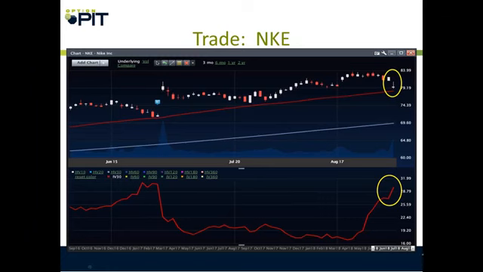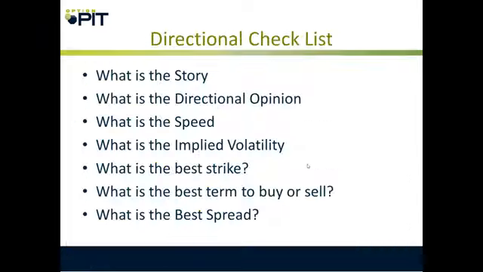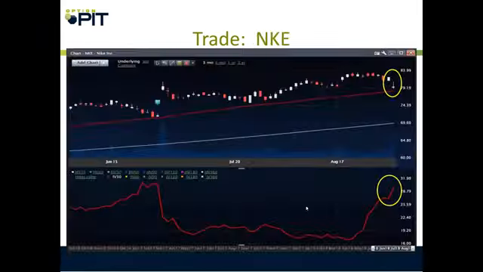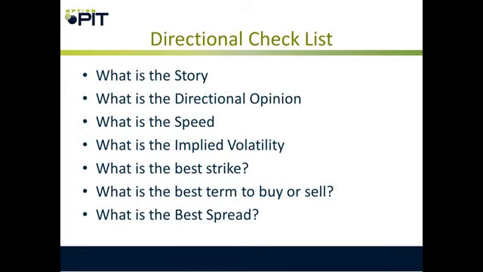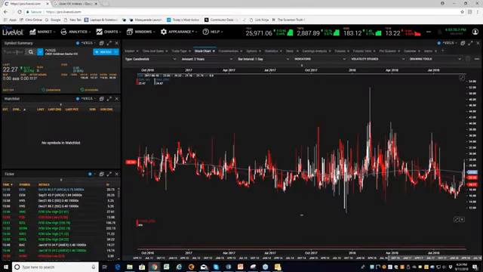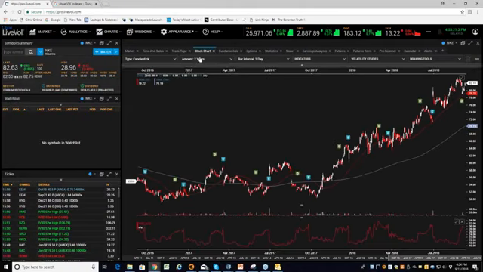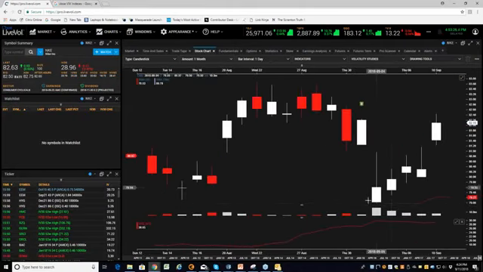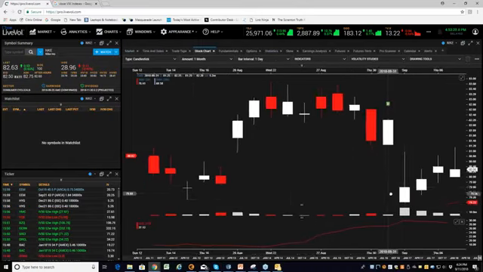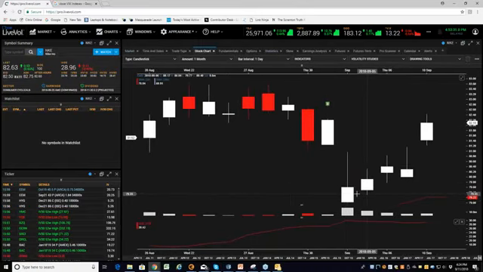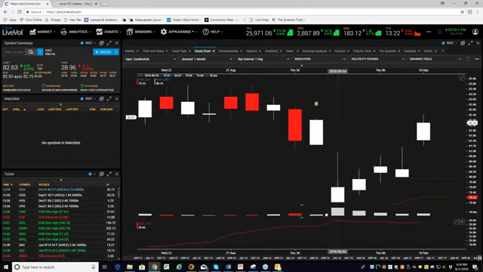So what do I say? What do I do? Put spread. It was a great put spread. So let's look at this chart here, Nike. Here's where the vol's really high. And if you sold a put, you did real well.